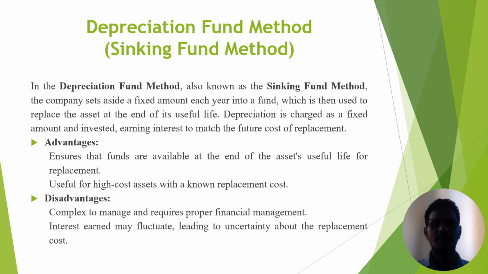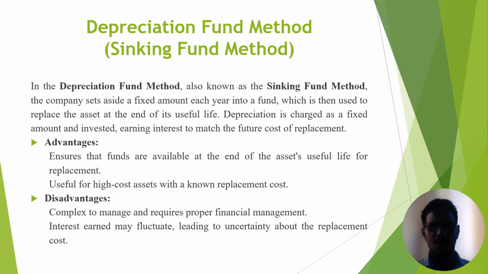Now the next method, the depreciation fund method. The depreciation fund method is also known as the sinking fund method. Under this method, the main concept is that the company sets aside a fixed amount each year into a fund from the profit of every year.